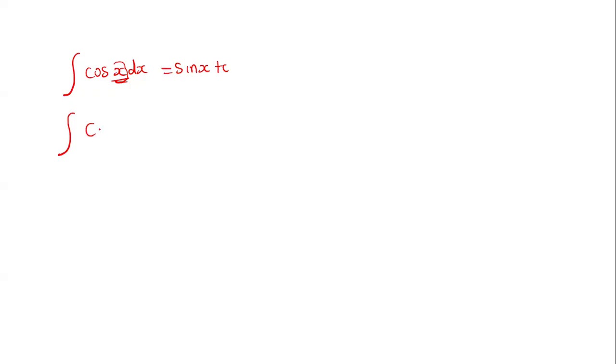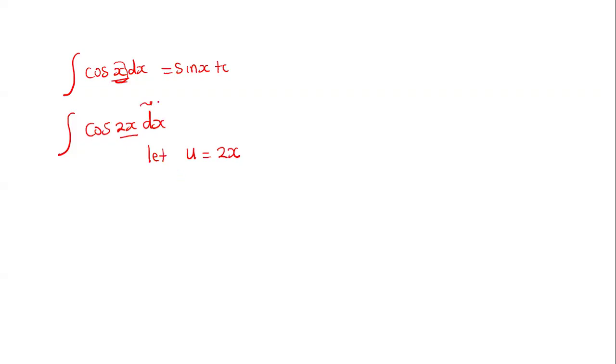So when I have cos 2x dx and I want to integrate, since the angle is not a single angle, there are like two angles, what I do, I'll first let change of variables is very important. So I'll say let u equals 2x. Now I differentiate, because why am I differentiating?